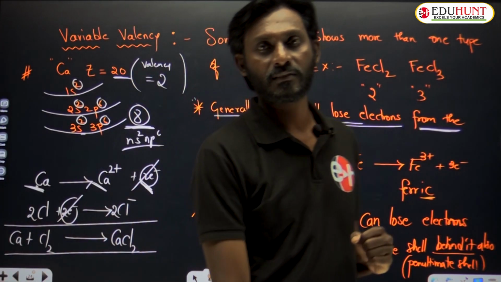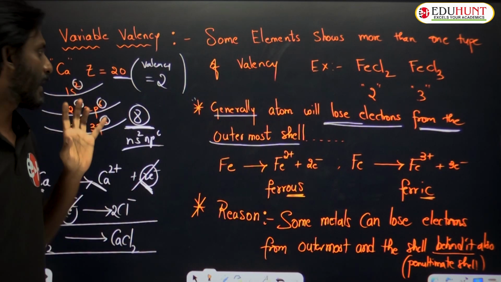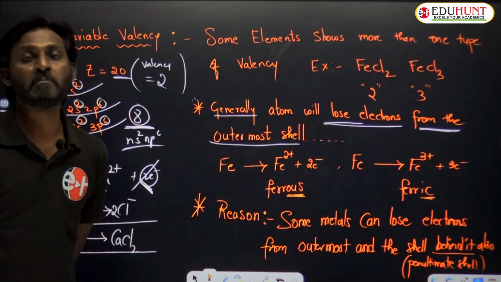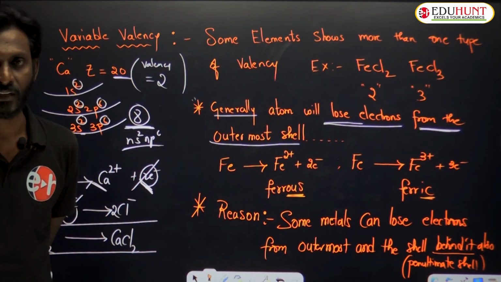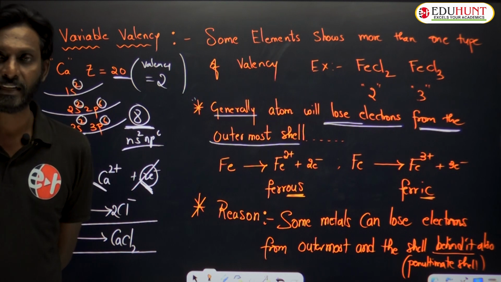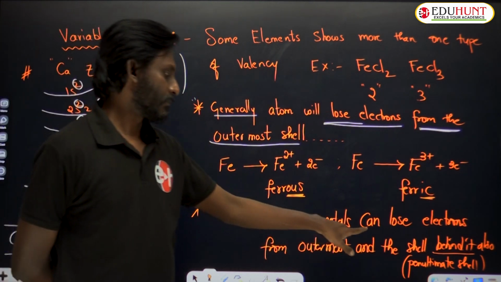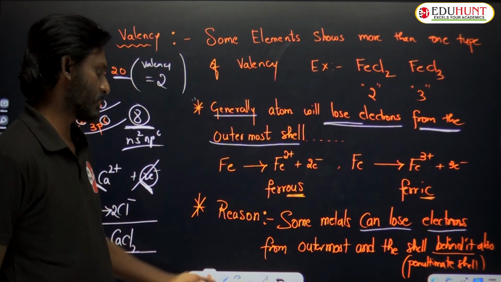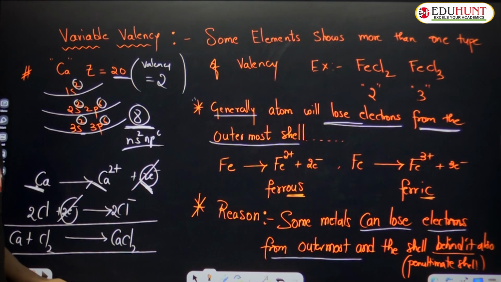Okay. But calcium is a metal, an alkaline earth metal. Yes. But the combining capacity of calcium is fixed. But that is not the case with all examples. There are some metals which can lose electrons from the outermost shell and the shell behind it also.